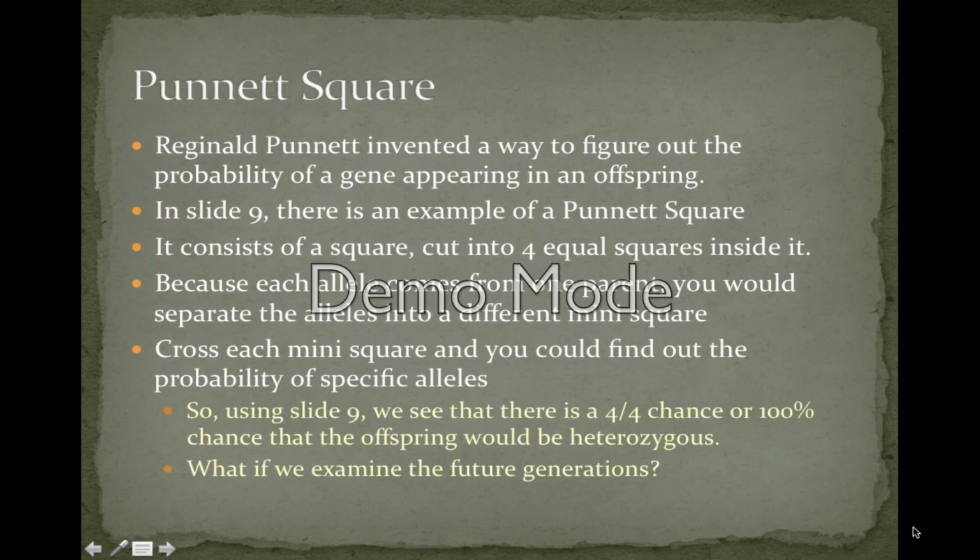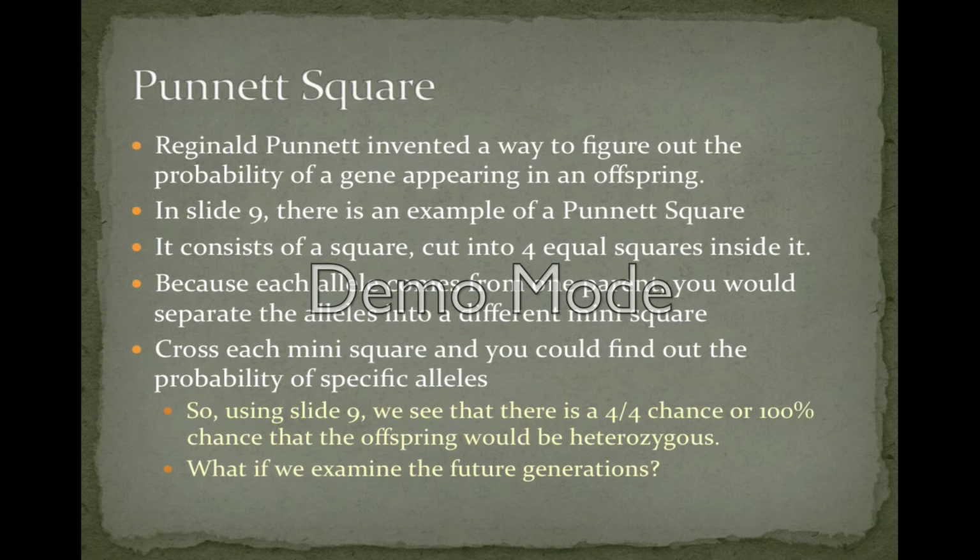So he has separated the alleles into different mini squares, and he crosses each mini square so you can find out the probability of specific alleles. Going back to slide 9, we saw that there is a 4 out of 4 chance, or 100% chance, that the offspring would be heterozygous. So let's see about future generations.